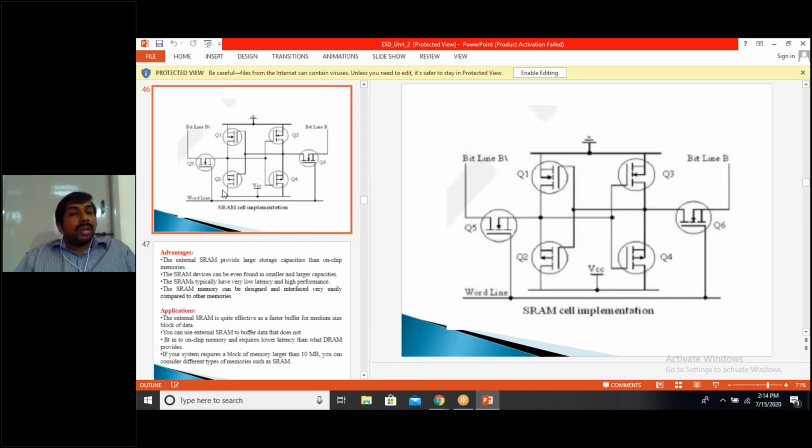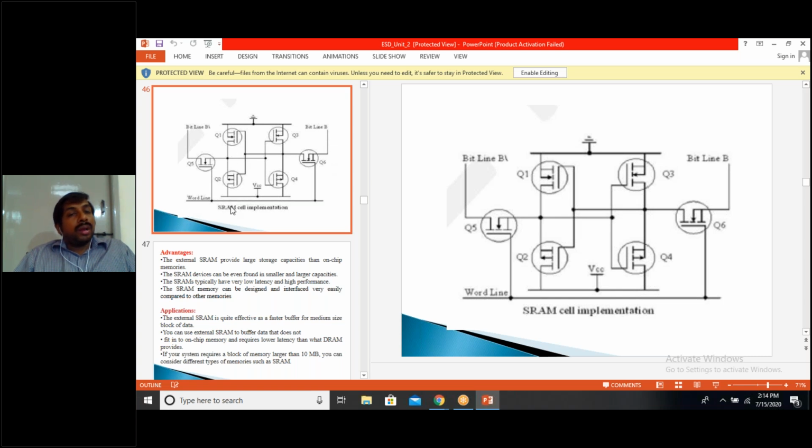So while operating this, you can operate it as a read operation or a write operation. If you want to do a write operation, you have to write the contents on the bit lines: bit line B and bit line B bar. So data and its complementary data both will be written in the memory.